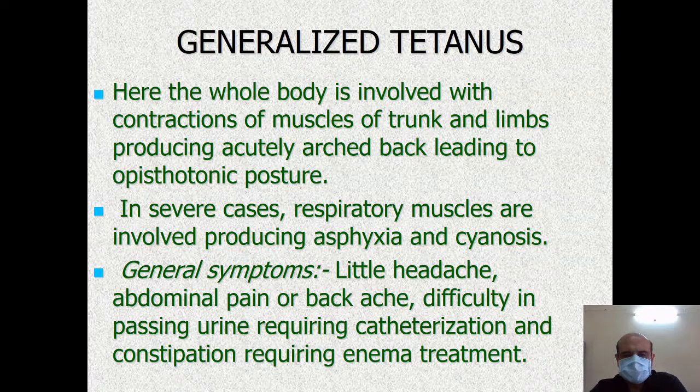In severe cases, respiratory muscles are involved, producing asphyxia and cyanosis. The general symptoms are mild headache, abdominal pain or backache, difficulty in passing urine requiring catheterization, and constipation requiring enema treatment.